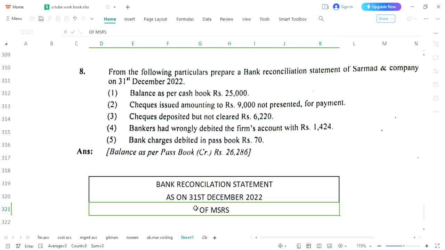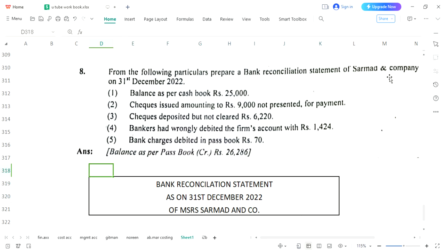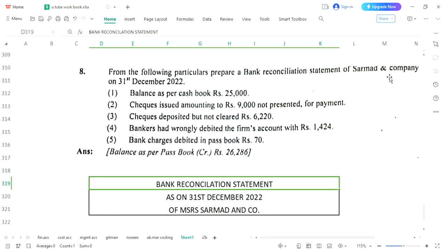But when you are talking about an organization, you will write M/s. And now you can see the name of the company is mentioned over here, Sarmad and Company. So here you will mention Sarmad and Company. In this way, guys, our headings would be completed. Every question will have the same headings.